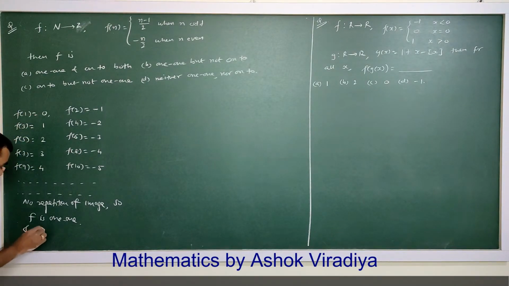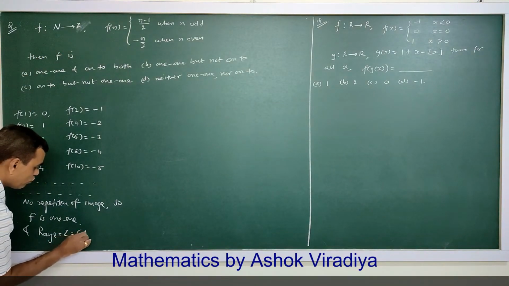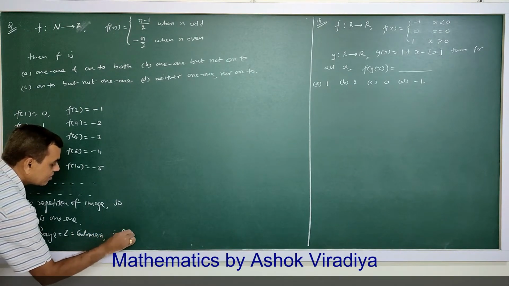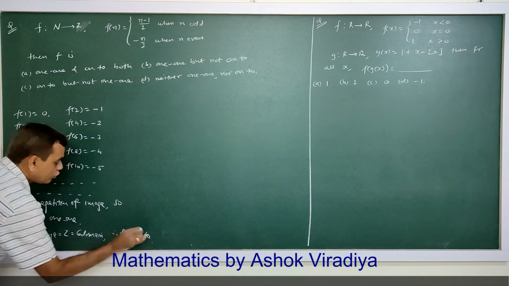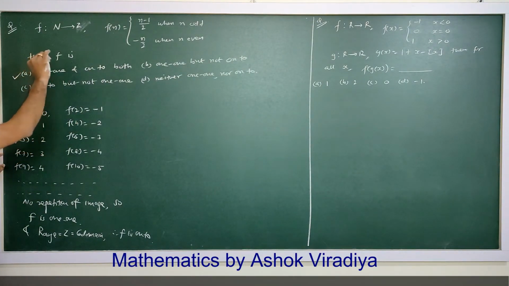So the range of this function is the set of all integers, that is Z, and Z is the codomain. So this function is also an onto function. So it is both one-one and onto. So here the answer is A.